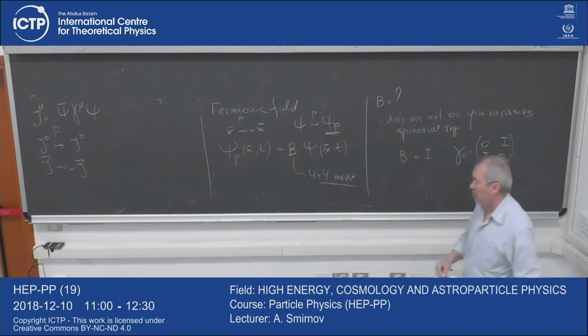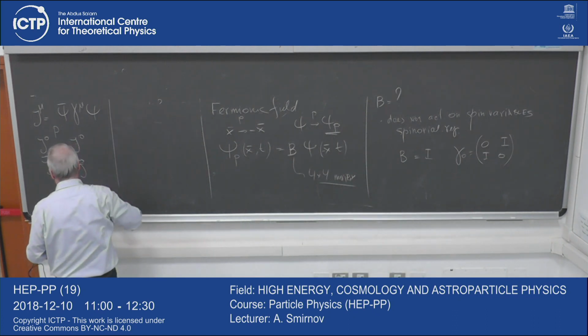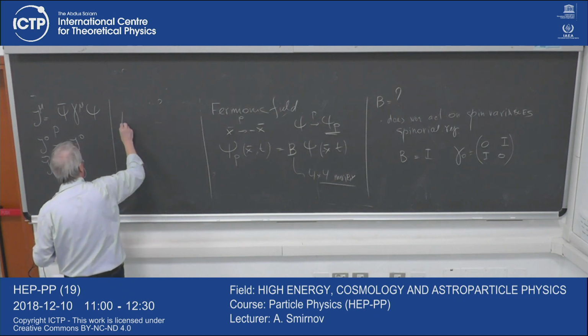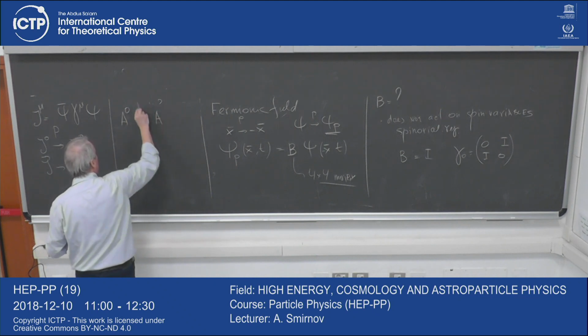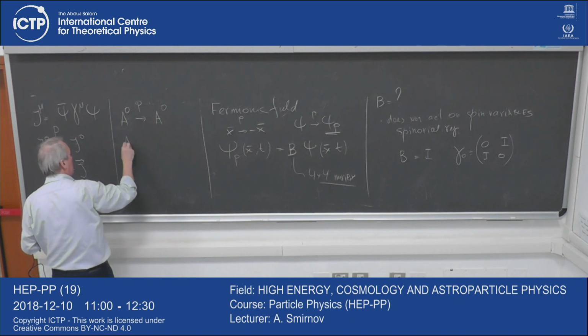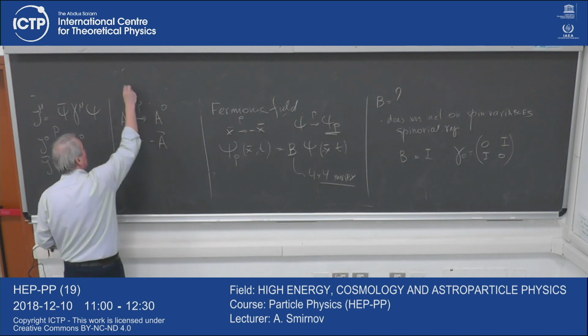Now, for the electromagnetic field, that's a 4-vector, and therefore for the electromagnetic field, under P transformation we do not change the 0 component, and we do change the vectorial components. This is for vector fields.